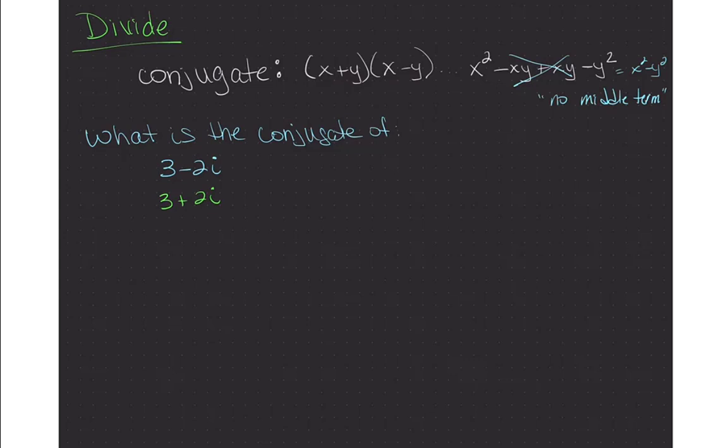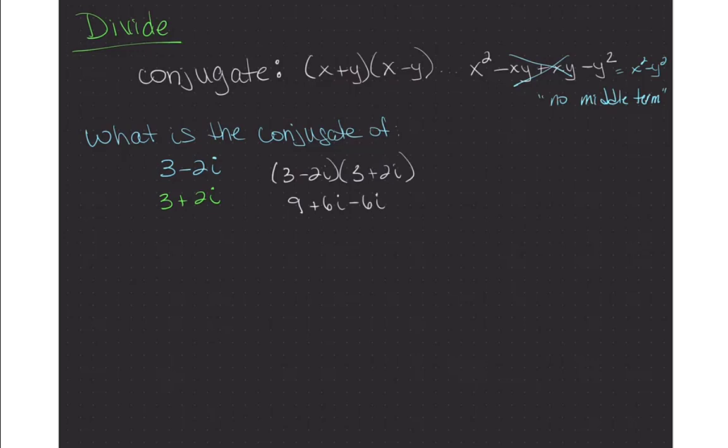And if I were to multiply these two together, 3 minus 2i and 3 plus 2i, I'm going to use the FOIL method instead of the area model just to work this out. So 3 times 3 is 9, 3 times 2i is 6i, and then I'm going to distribute my negative 2i to everything. So negative 2i times 3 is minus 6i.